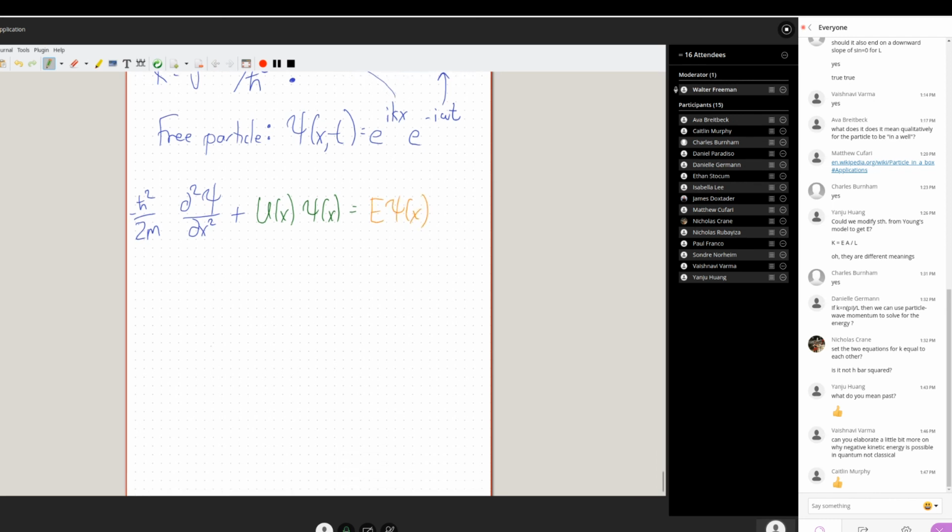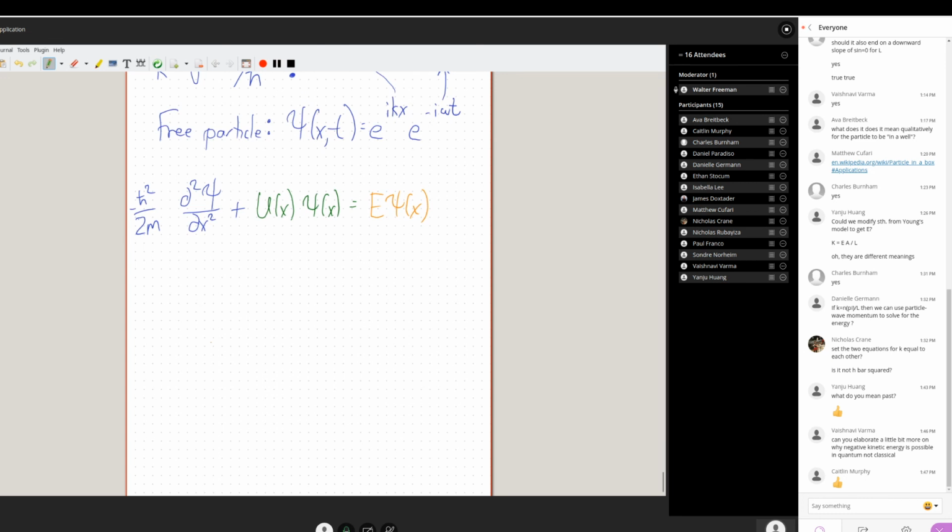So if I imagine that, what I'm going to do is move everything to the right side. And this is how we will start class next time. So Vaishnavi, your question is a perfect segue into Tuesday. This gives me minus h bar squared over 2m d squared psi dx squared equals E minus U of x psi of x.